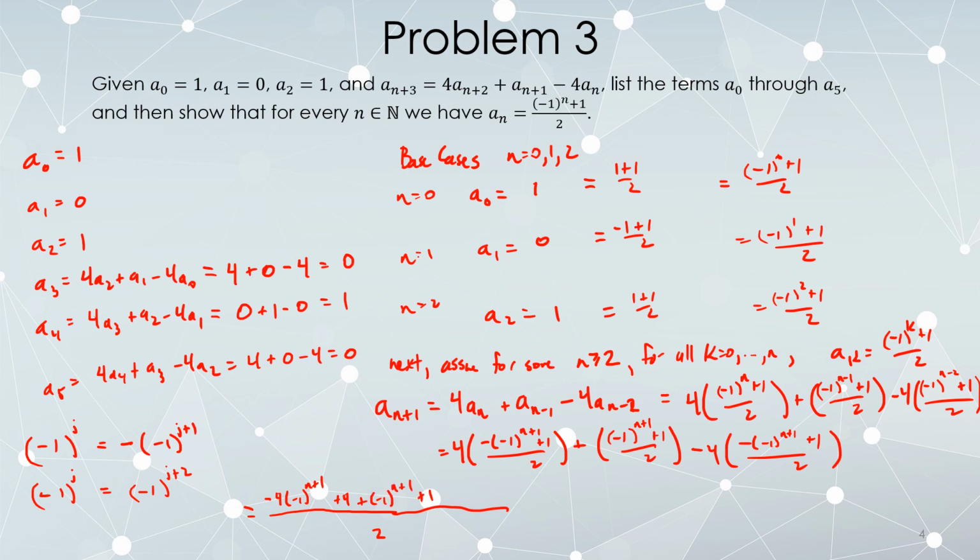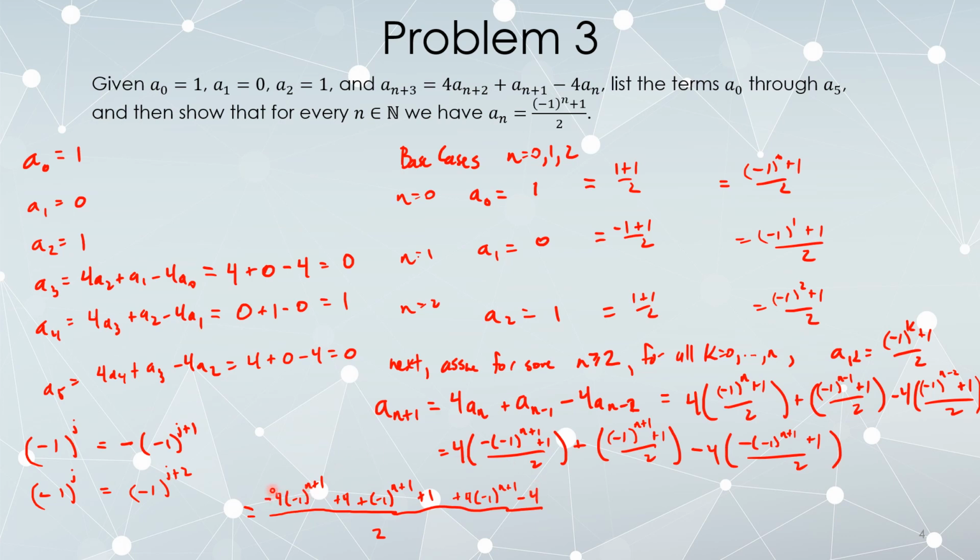Then we end up with a +4 times -1 to the n plus 1 minus 4, distributing the -4 in the last term. So here we have a -4 of this power of -1 plus 4. Here we have a +4 times -1 to that power minus 4. So observe that this 4 and this -4 cancel.